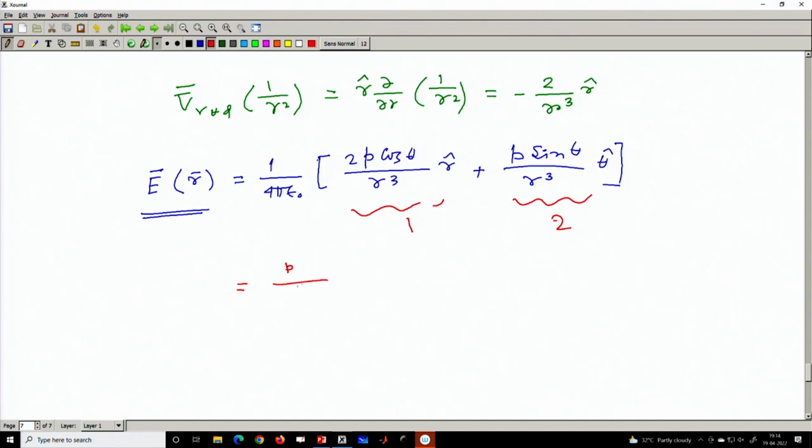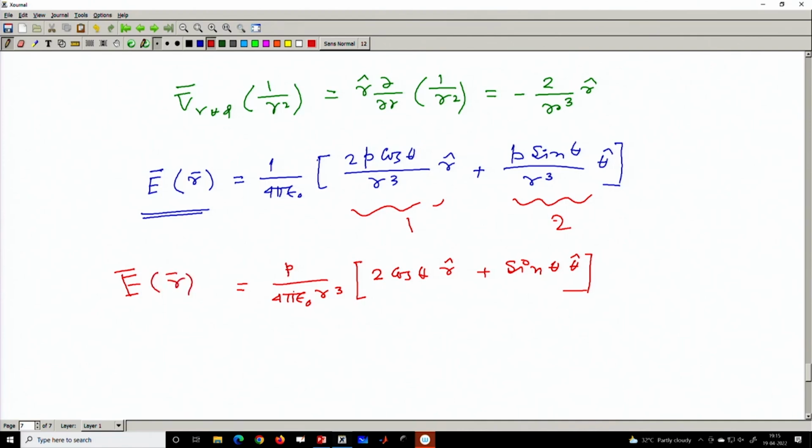P divided by 4 pi epsilon naught r cube, and then it should be 2 of cos theta r unit vector plus sin theta theta unit vector. Okay, so this is the expression of the electric field due to a dipole, but in polar form.